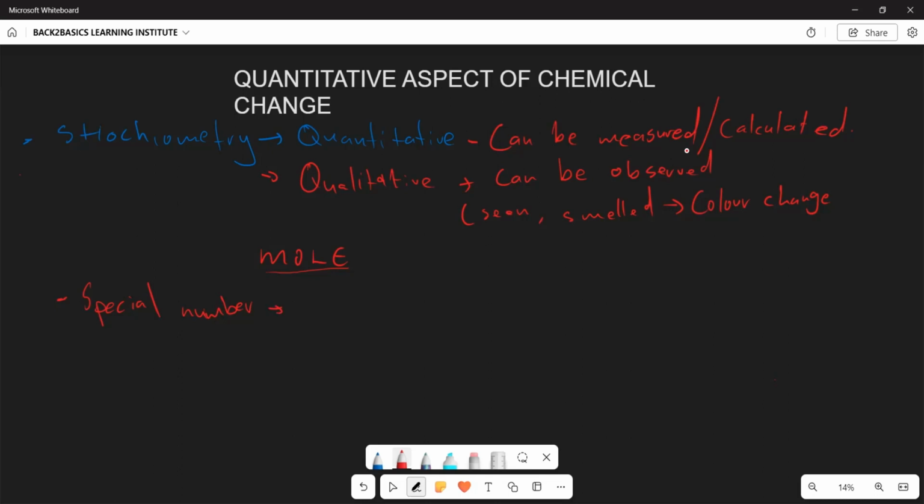So this special number is what our mole is.